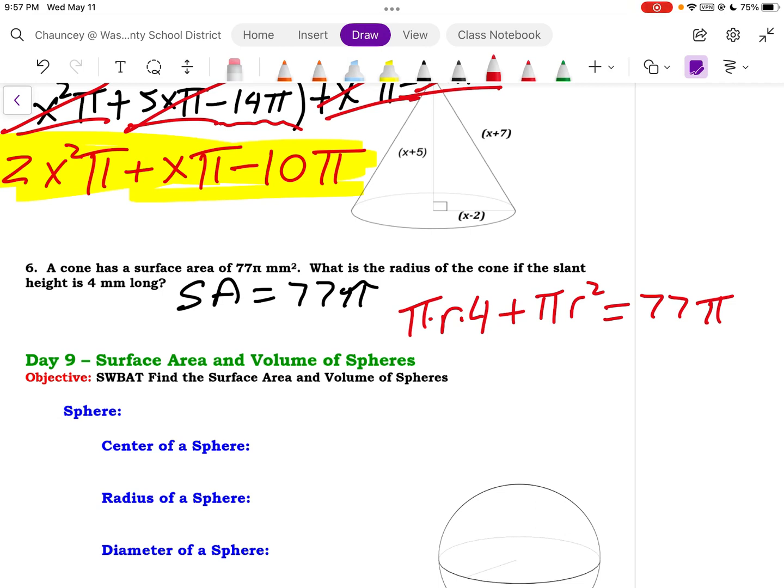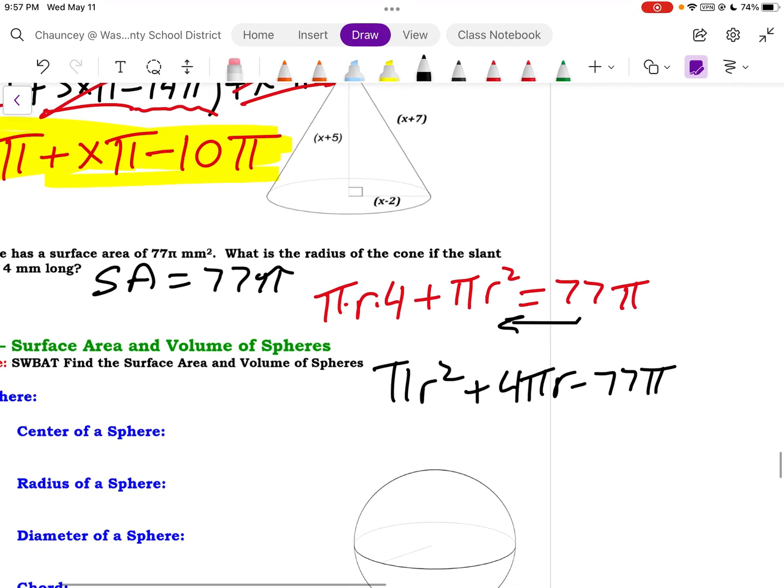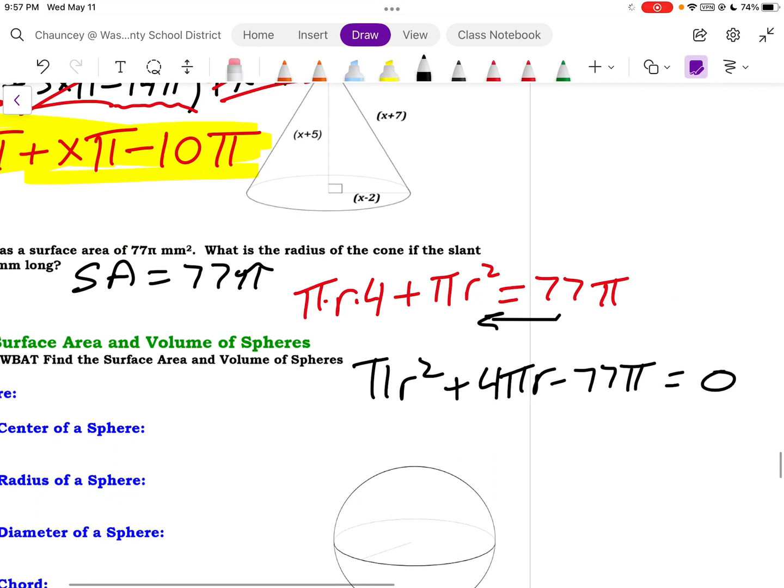So if we took this and set this equal to 0 and put the 77 pi over to the left side and rewrote it as pi r squared plus 4 pi r minus 77 pi, equal to 0, you could factor this thing out.